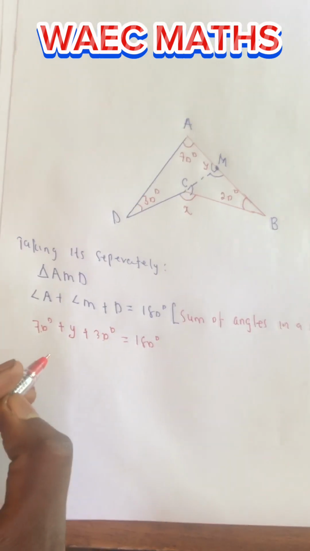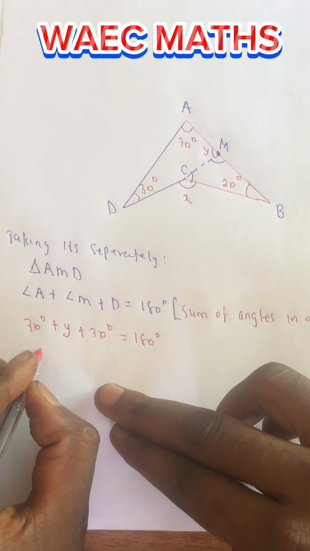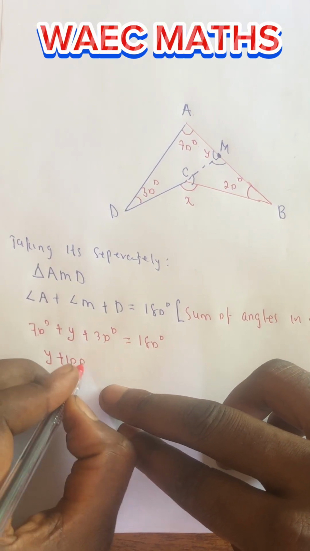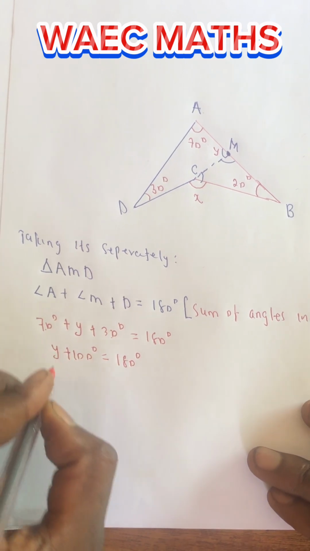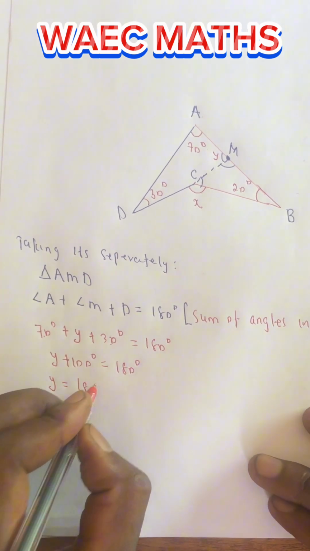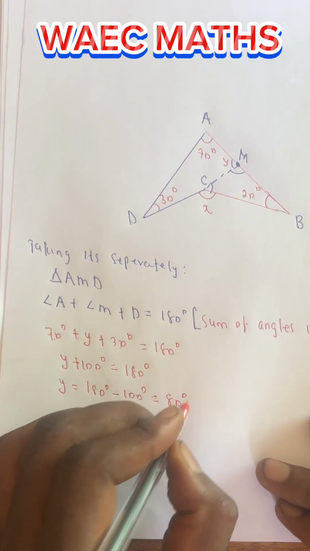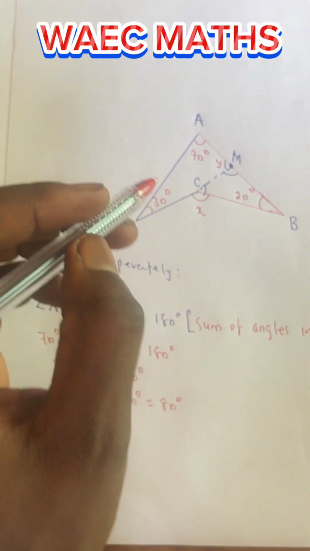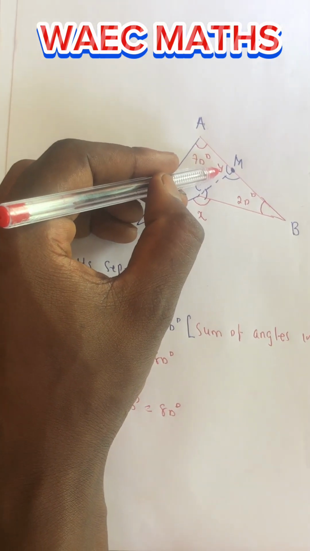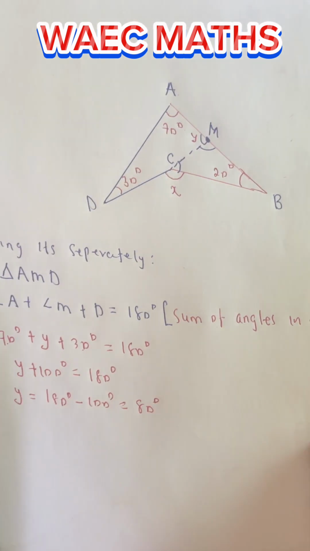So Y plus 100 degrees is equal to 180 degrees, so our Y is 180 minus 100 degrees, that's 80 degrees. So what it implies is that the angle at this point is 80 degrees.